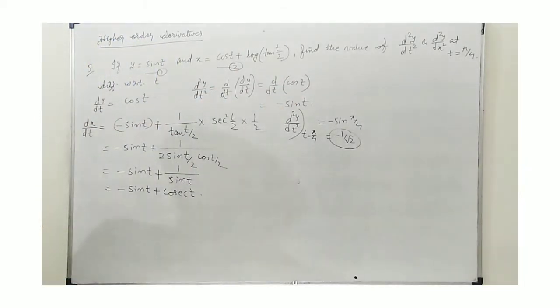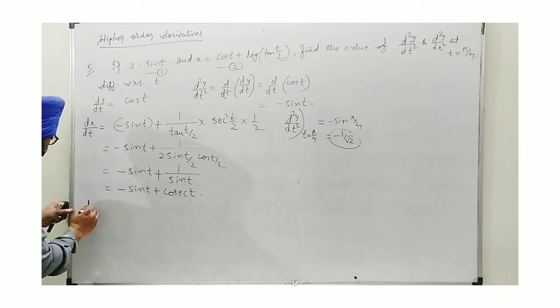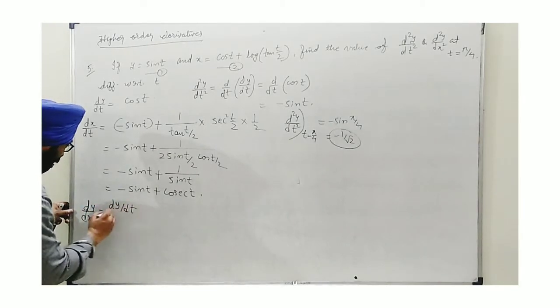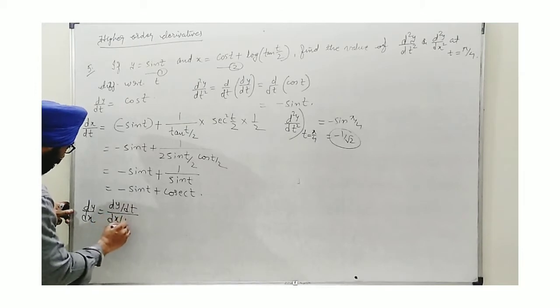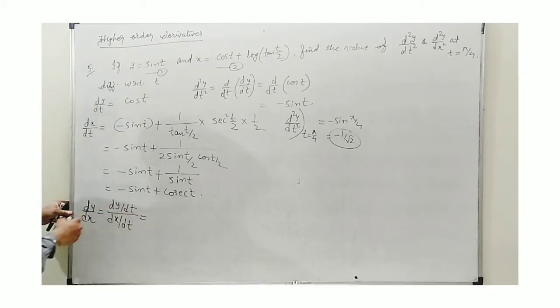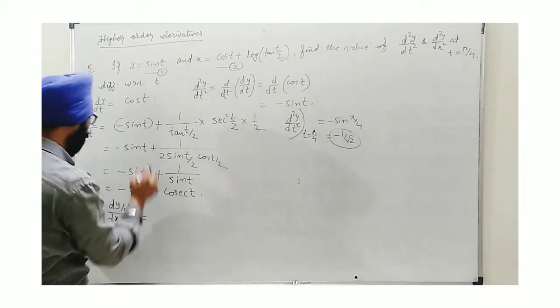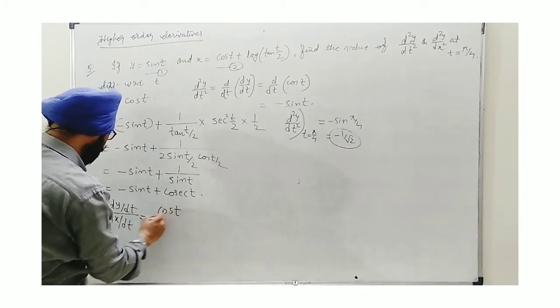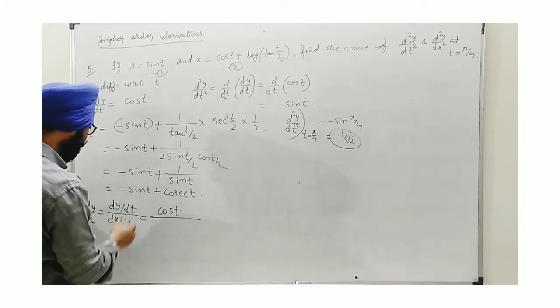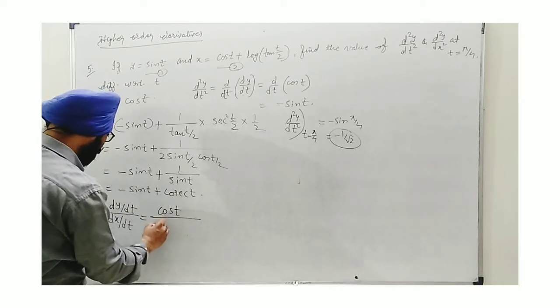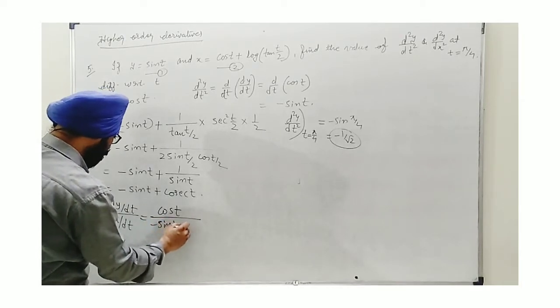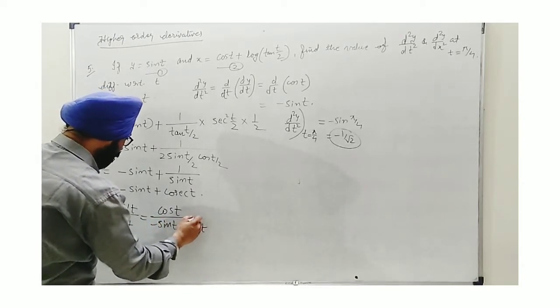Okay, dy by dx can be obtained as dy by dt divided by dx by dt. Now dy by dt we have cos t, in denominator dx by dt we have minus sin t plus cosec t.